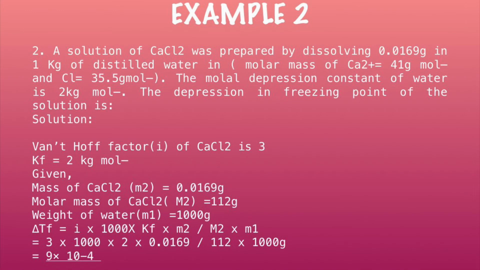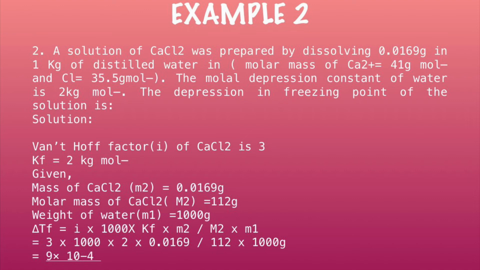Our second example says, a solution of calcium chloride was prepared by dissolving 0.0169 grams in 1 kilogram of distilled water. Calcium has a molar mass of 41 grams per mole and chloride 35.5 grams per mole, and the molal depression constant of water is 2 kilograms per mole.